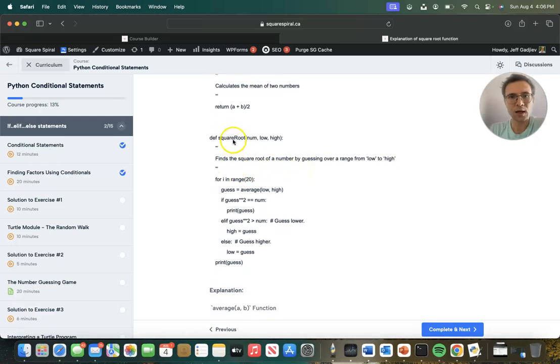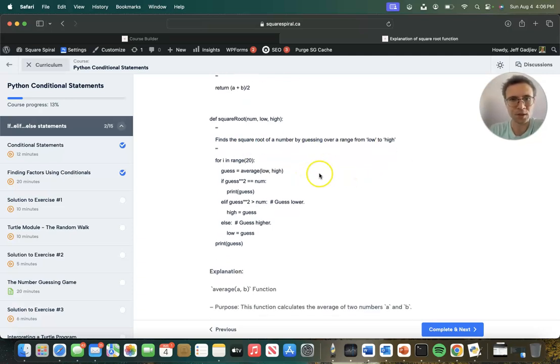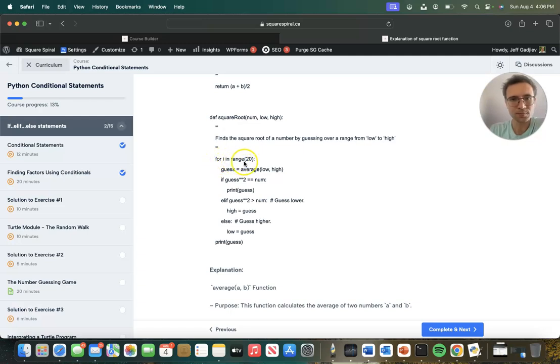So this function finds the square root of a number by guessing over a range from low to high. Here we have a for loop. So basically, this function is going to try 20 times to guess the square root.